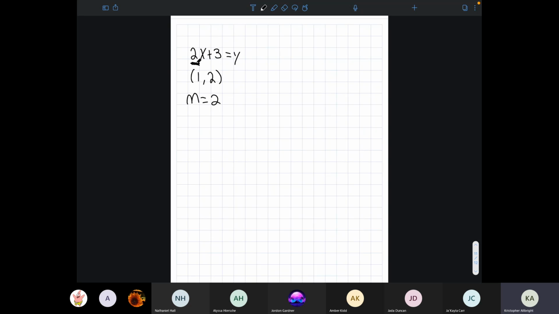Wait, is 1, 2 a rise over run? No, 1, 2 is a point that we want our new line to pass through. I'll write the full problem out. So we want a line.